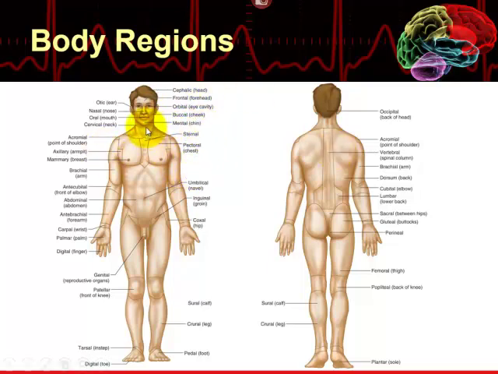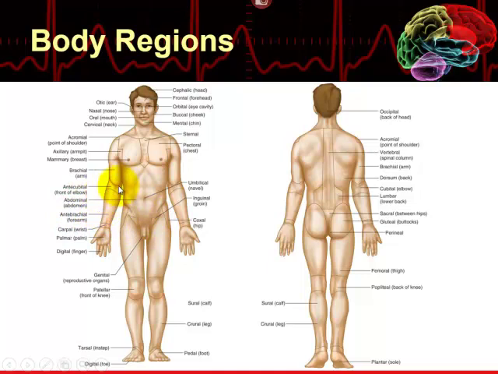Mental is chin, kind of a strange term. Cervical is neck, oral is mouth. Nasal refers to the nose. Otic, another weird term, refers to ears. So here's pectoral, sternal, umbilical, inguinal, where I was just talking about the sides of the abdomen, the iliac regions of the abdomen.